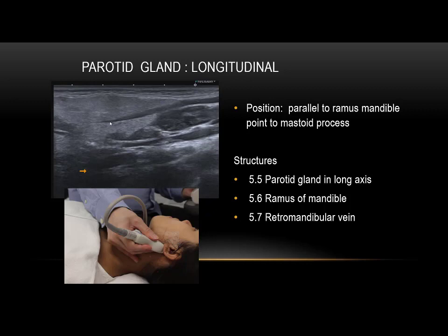The landmarks are the parotid gland, the superficial part and the deep part. The major landmark is the retromandibular vein, which drains into the external jugular vein. Then we scan by fanning the probe to the right and left, and you can scan the long axis of the parotid gland.